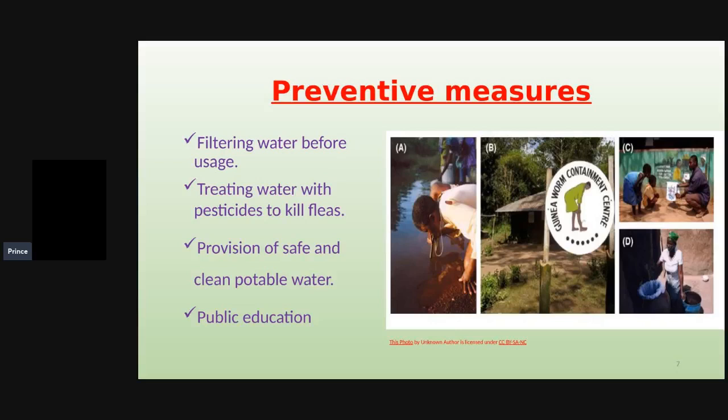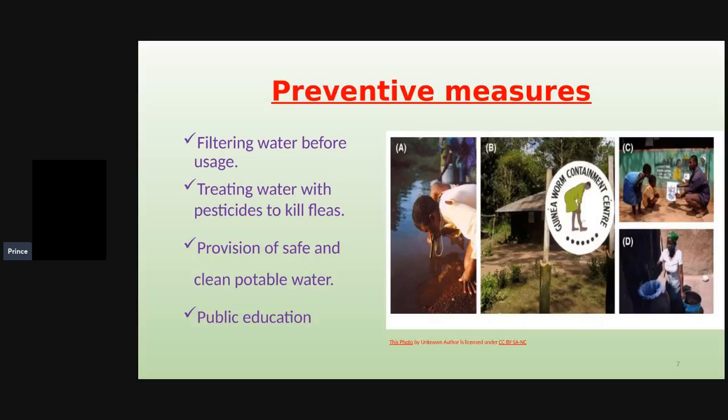As I said earlier, this disease is acquired from contaminated water, right? The guinea worm larvae are found in stagnant water sources like ponds and unfiltered wells, and access to clean drinking water through boreholes, wells, and piped water reduces transmission.